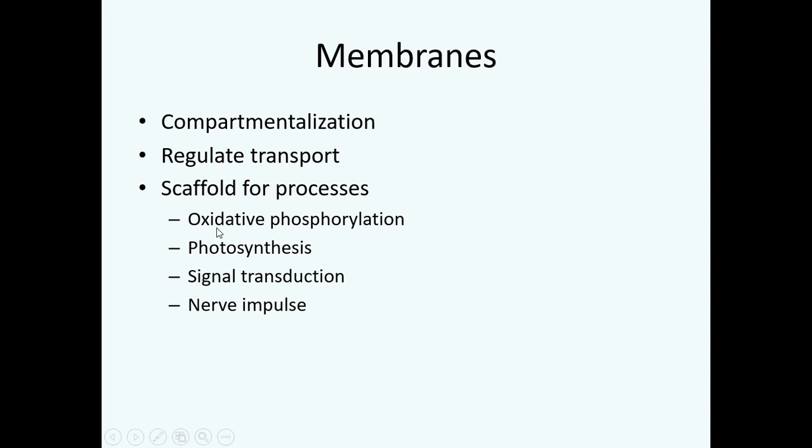For example, production of ATP is done through oxidative phosphorylation. This is done by using a complex called ATPase. ATPase is present on the mitochondrial membrane. The process of electron transport takes place by the carriers which are associated with the membrane.